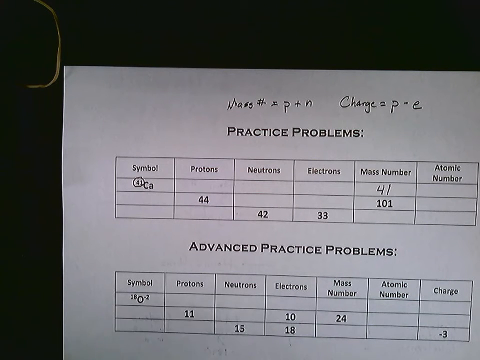This is why I say you have to be careful. These are isotopes. That means there's a difference in what is present in the nucleus. We'll go into more detail on that in a little bit.